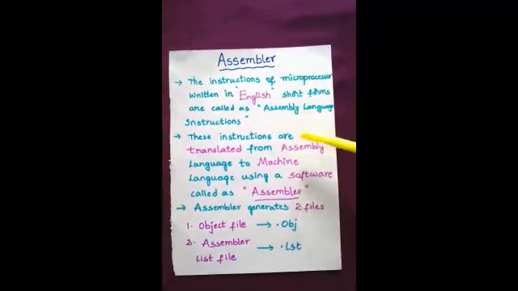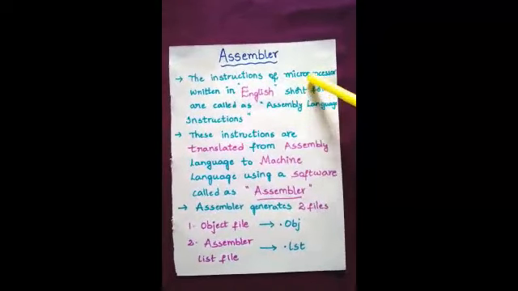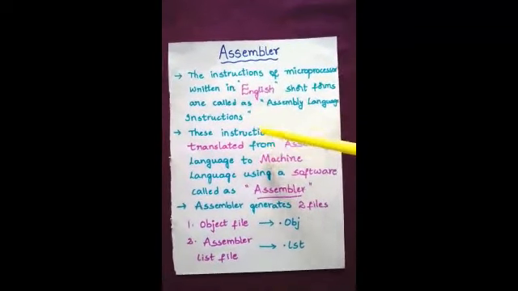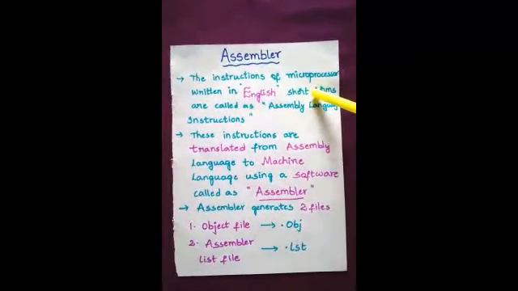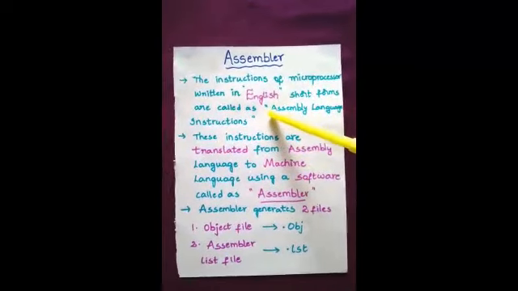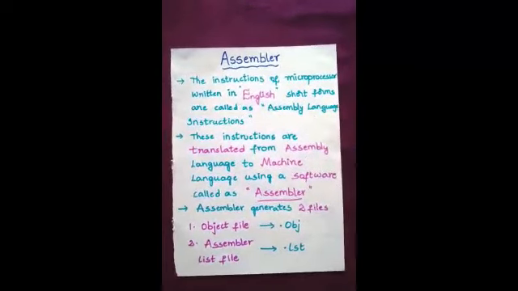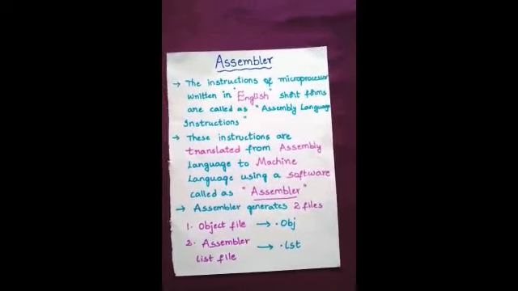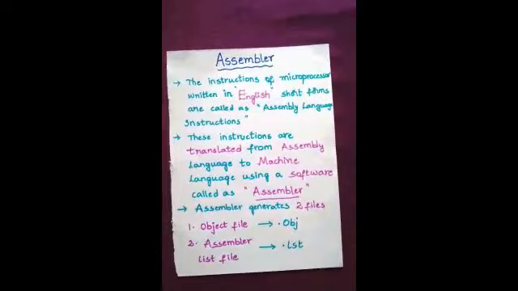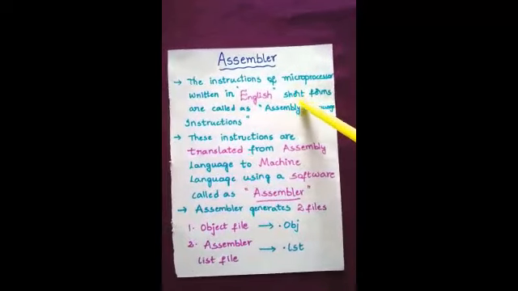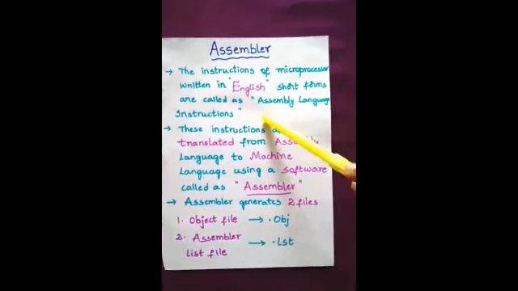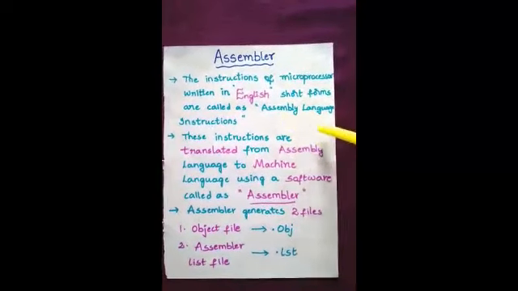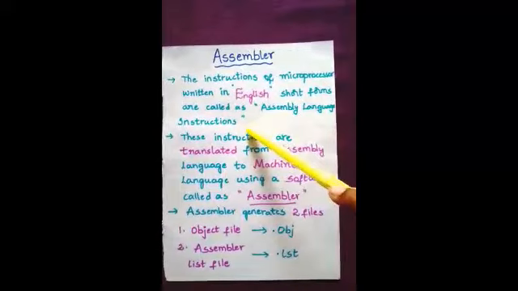Now, the second program development tool which we want to talk about is assembler. Generally, the instructions of a microprocessor are written in English short forms like MOV for move, INT for interrupt, etc. Such instructions which are written in short English forms are called assembly language instructions, right?